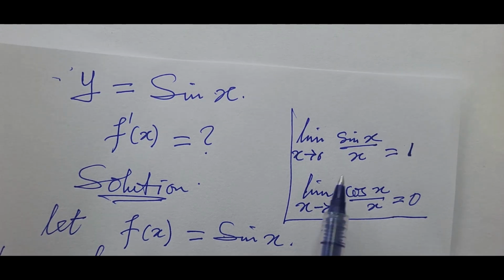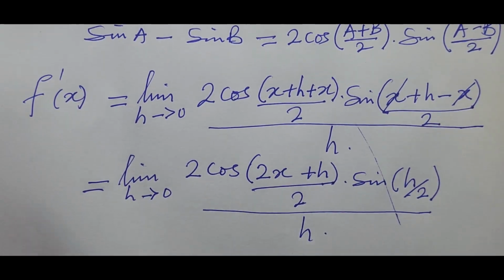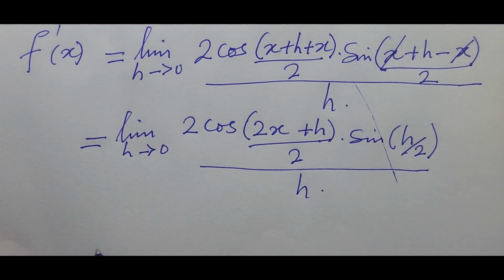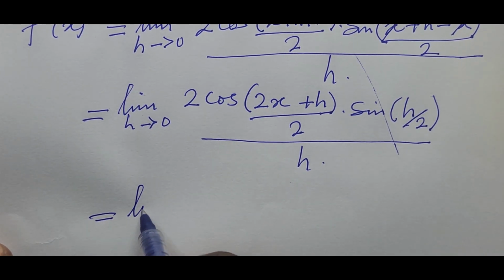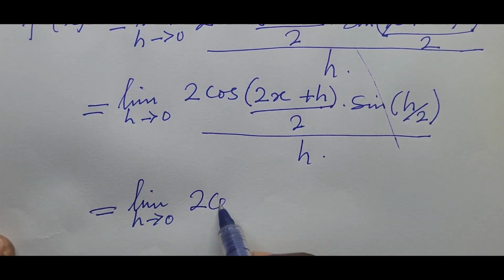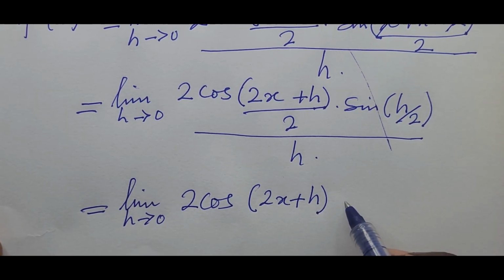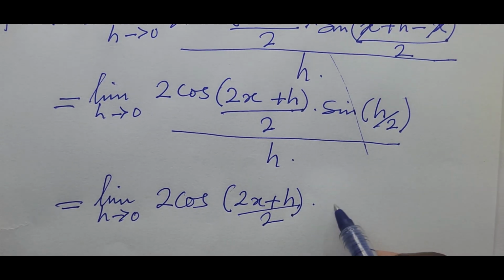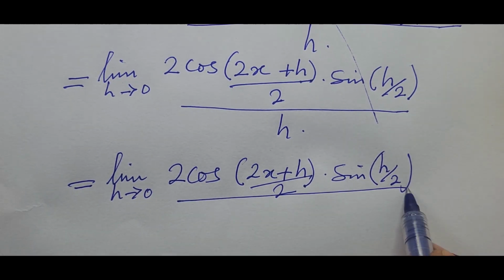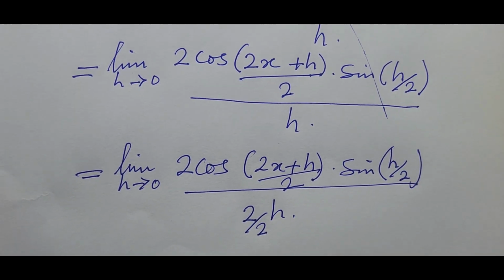So because of this, we come to this other side and multiply this by 2 all over 2. And so we're going to have the limit as h tends to 0 of 2 cos bracket 2x plus h, close bracket, all over 2, times the sine of h all over 2, close bracket, all over 2 all over 2 times h.